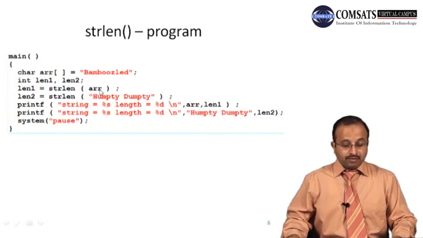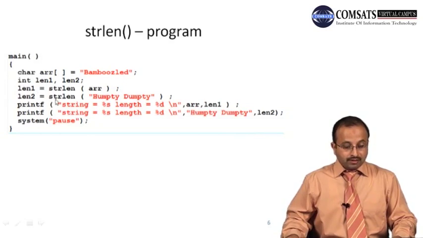So we are passing the base address. This ARR is the base address of this string. When we pass the base address to the string length function, it counts the number of characters. So this function will return 1 2 3 4 5 6 7 8 9 10. This function will return 10, and 10 will be stored in len1. len1 is short for length 1.